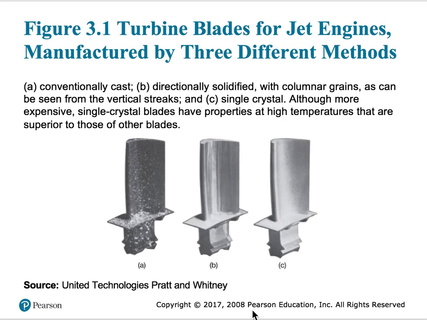I recommend to you again, please go and check the 3D printing process for turbine blades on the GE, I think it is called GE Tech reports. Please go and look that up. Okay.